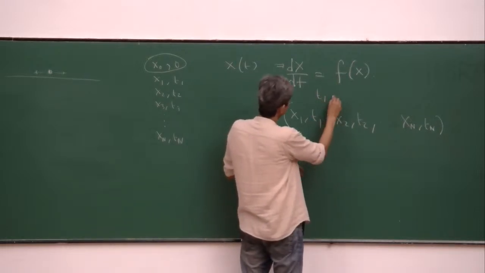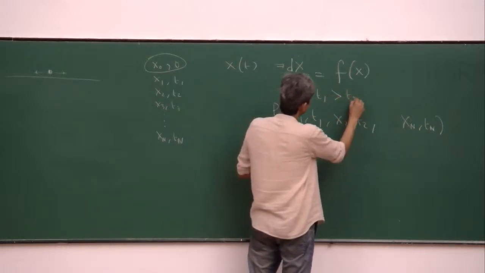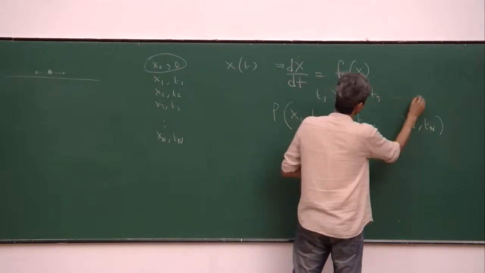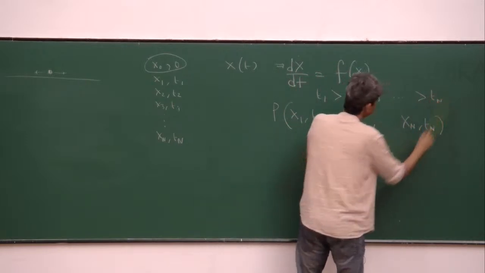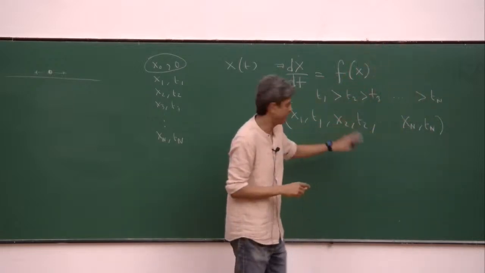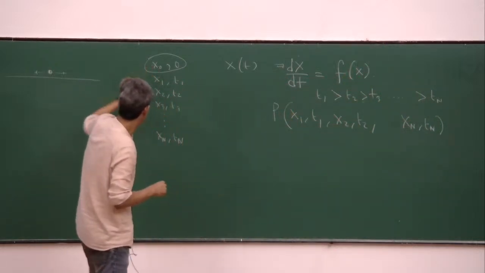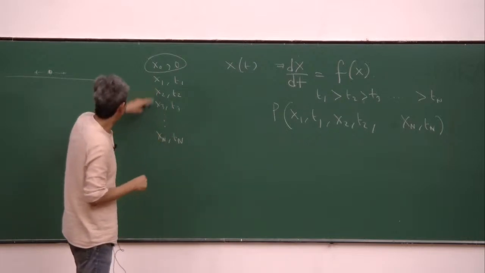So t1 is greater than t2, greater than t3, greater than t, so tn was the earliest time. Okay, so this is the way I have started. Here, I think, this should have been reversed.